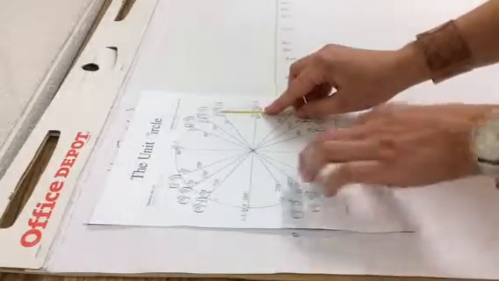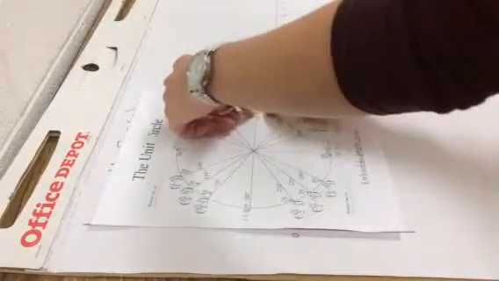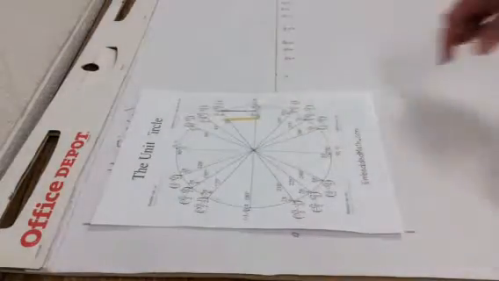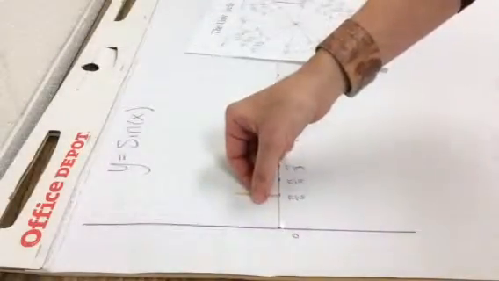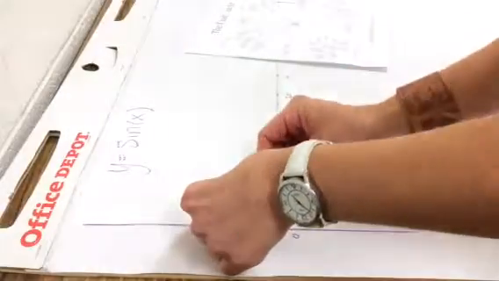So take your spaghetti, line it up with that vertical line, and break the spaghetti. Now take that spaghetti stick that represents the height, put it on the corresponding angle, which is pi over 6 on your x-axis, and tape it down.